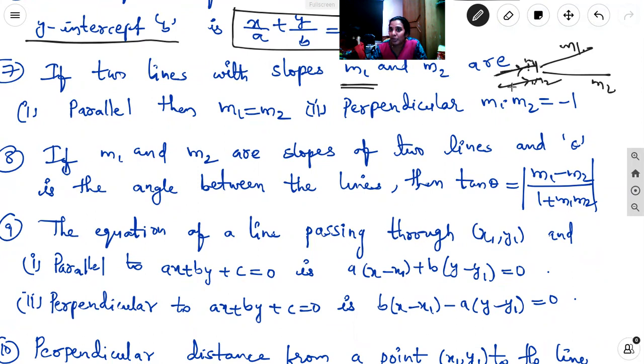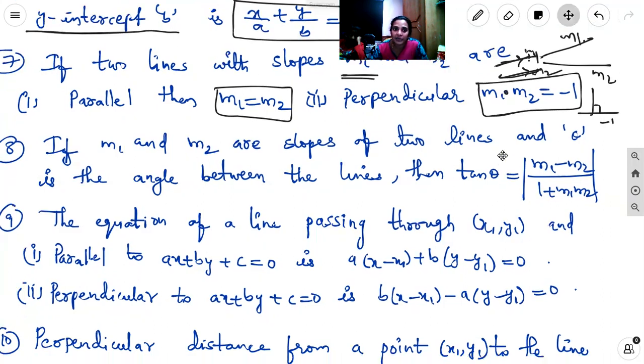When two lines are parallel, the ratios are same. Next, perpendicular means m1 and m2 product is -1. If the two lines are parallel, when we know the slopes we can take the equal slopes. So perpendicular means the product of the two slopes should be -1.